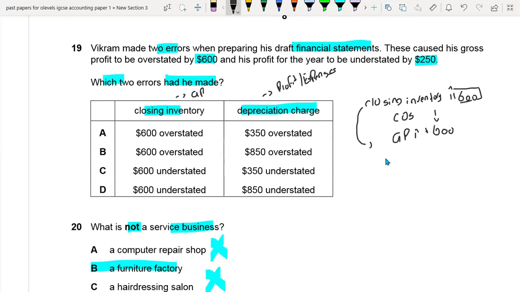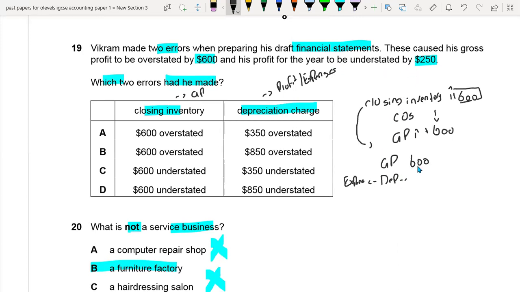So if the GP is overstated by 600, and you see your depreciation, it means your expense, so your profit is understated only in that case whenever your expenses are overstated. So your depreciation is overstated, and that is why your profit is understated.